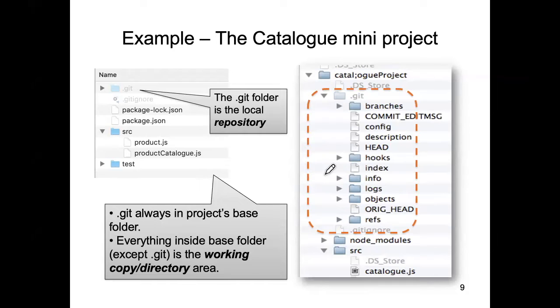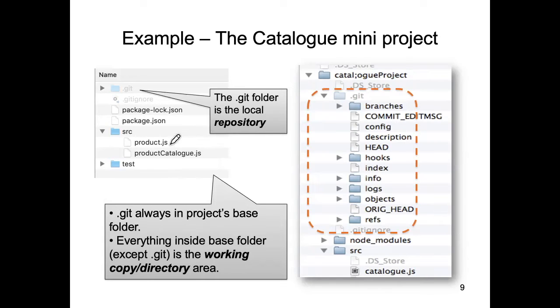And the repository, physically, appears as a folder within the project, and that's what I'm showing you in this screenshot here. I'm using the little catalog mini project that we've been using in the unit testing labs as the context for this again. So here's a screenshot from my file system.